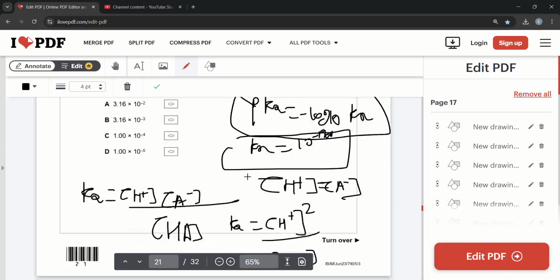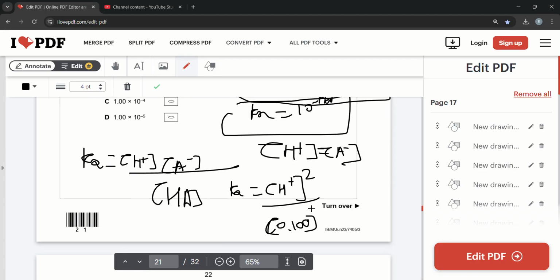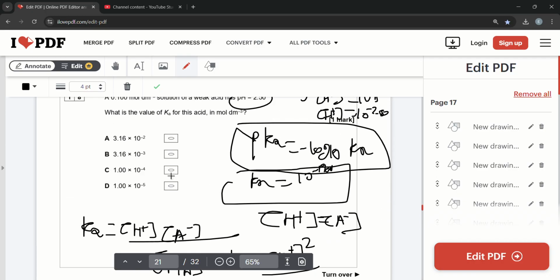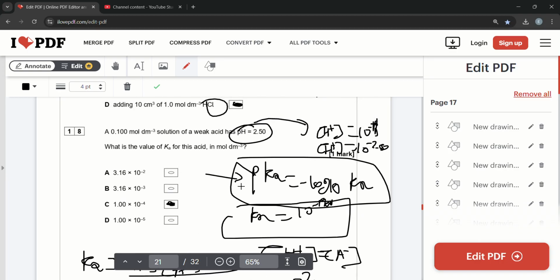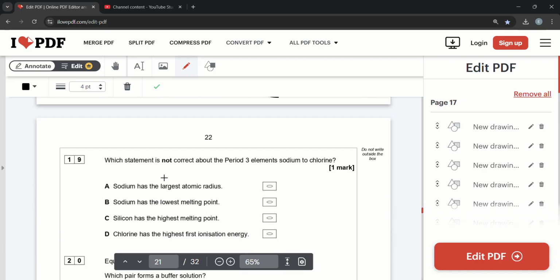Once I've got the H+ ions, substituting here, I should get Ka is 1.00 times 10 to the power minus 4. These two equations I thought I would need, but you don't need them. So sometimes if you're struggling with this, write down all the possible equations, and then realize actually I can't work out pKa because I'm trying to find out Ka, and I'm not given pKa, so I don't need Ka is equal to 10 to the power minus pKa. I don't need pKa is equal to minus log 10 Ka.